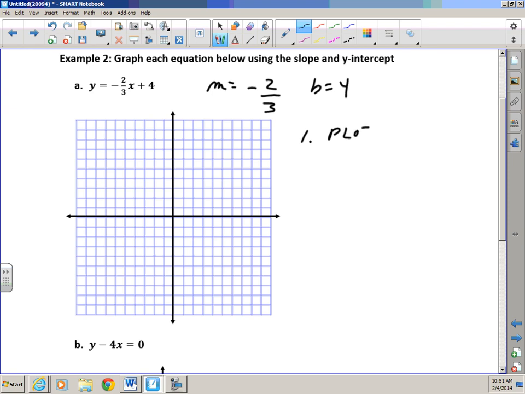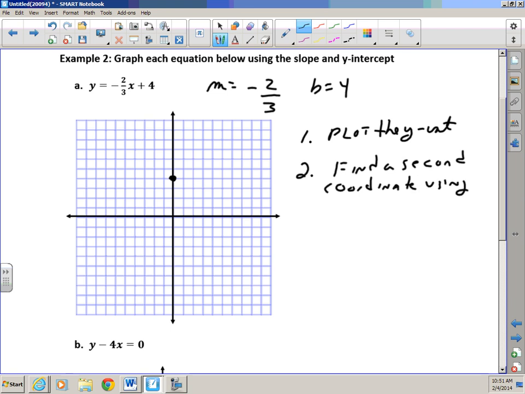I'm going to plot the y-intercept. The y-intercept is 4. That means it's 4 units up on the y-axis. I'm going to then find a second coordinate using the slope.